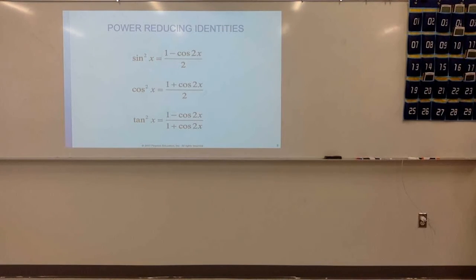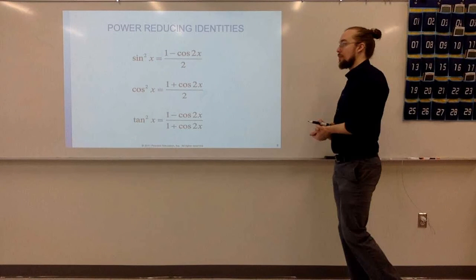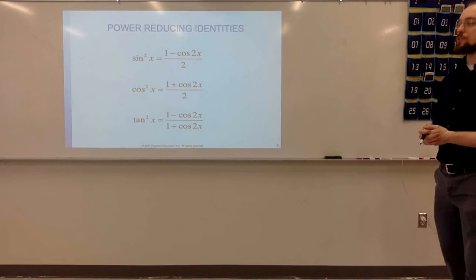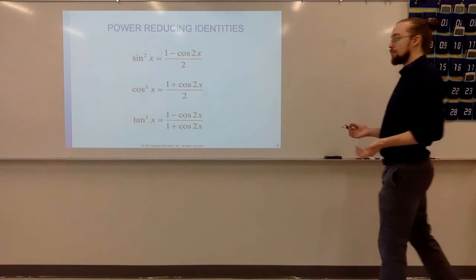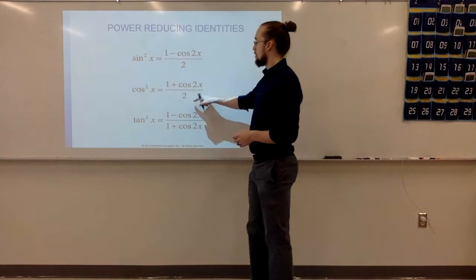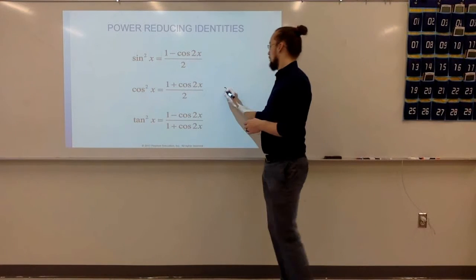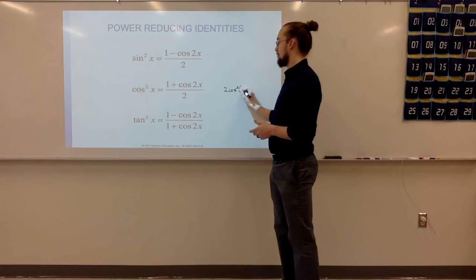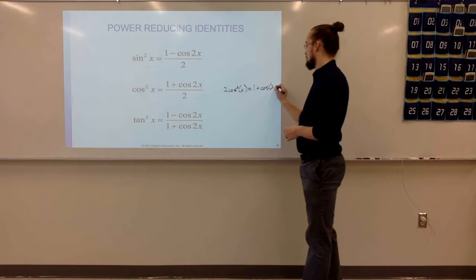And now, if we think about a few of these, these end up just being manipulations of our double angle formulas. For example, on this one, if I multiply both sides by 2, I would have 2 cosine squared of x equals 1 plus cosine of 2x.